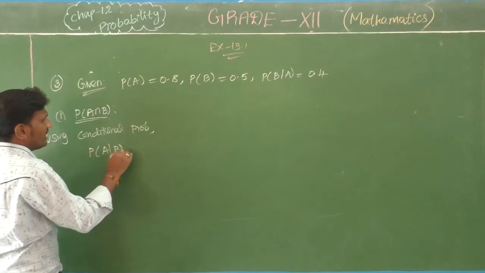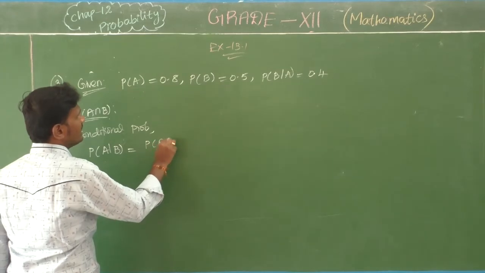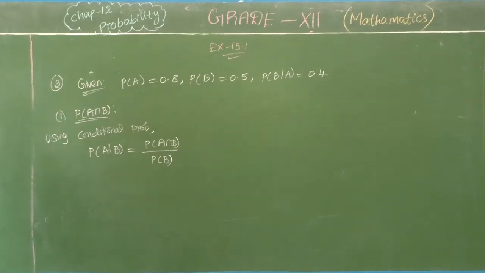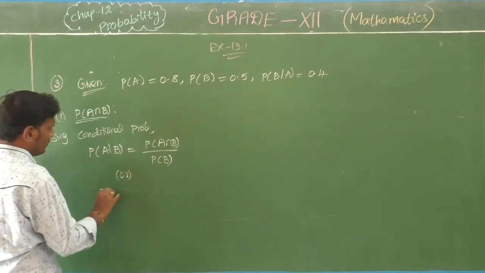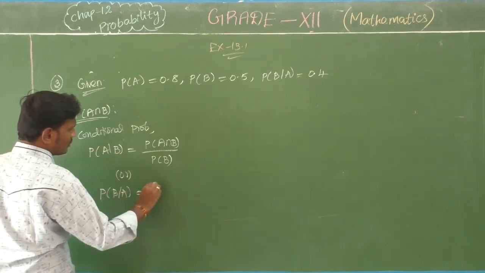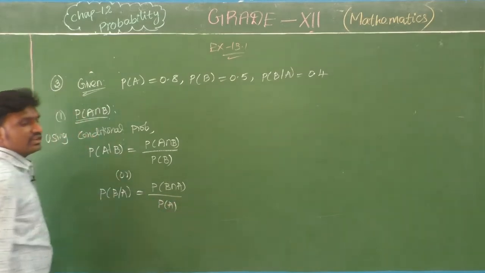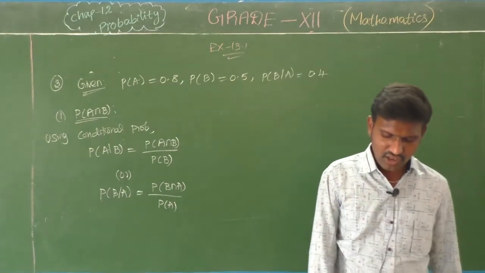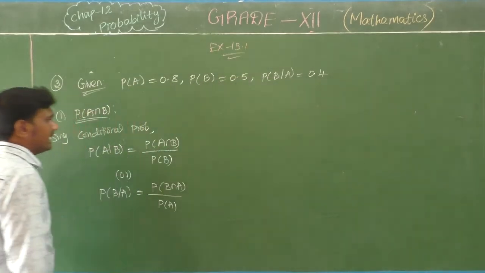P of A by B which is equal to P of A intersection B by P of B. Here P of A by B you don't have, otherwise we should take P of B by A which is equal to P of B intersection A by P of A. Already I told you P of A intersection B and P of B intersection A are the same, because of the commutative property satisfied for union and intersection.